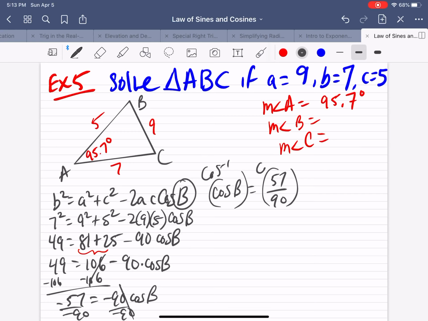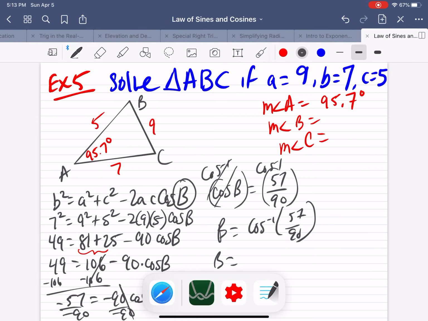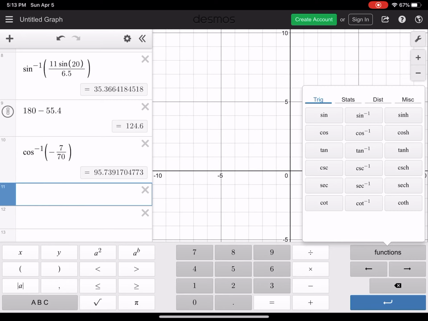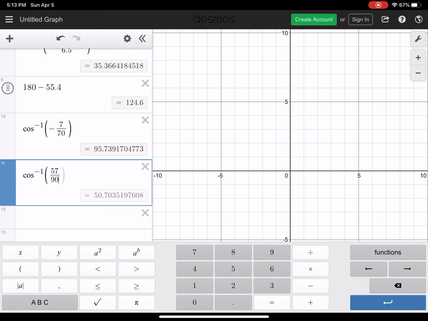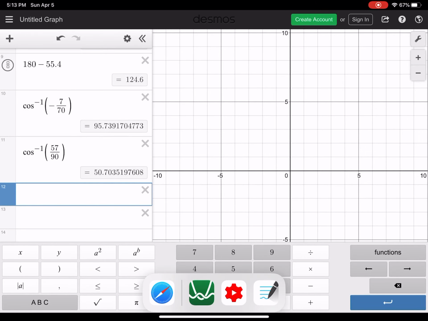Last step to get the B by itself, cosine inverse of 57/90. That gives 50.7.